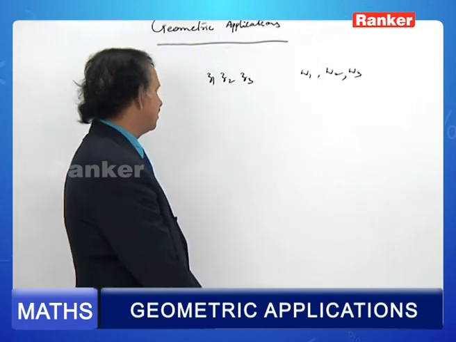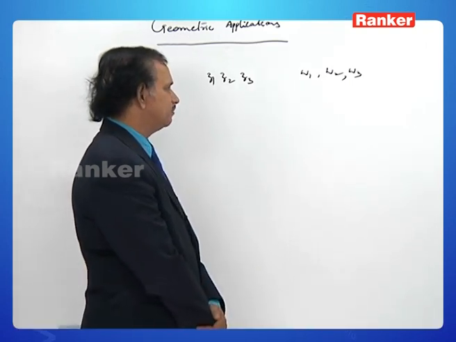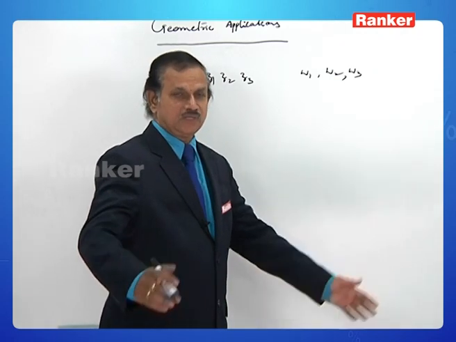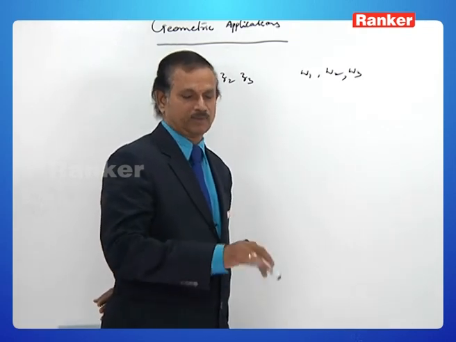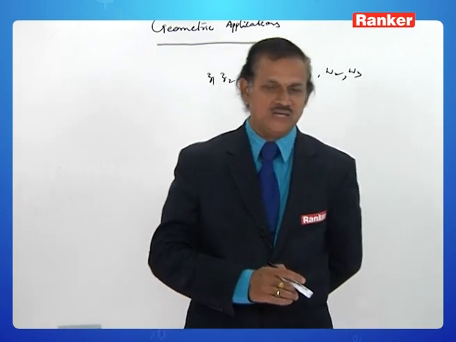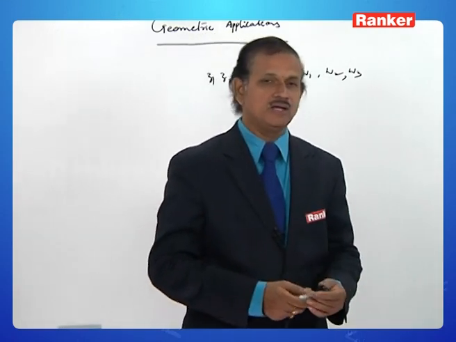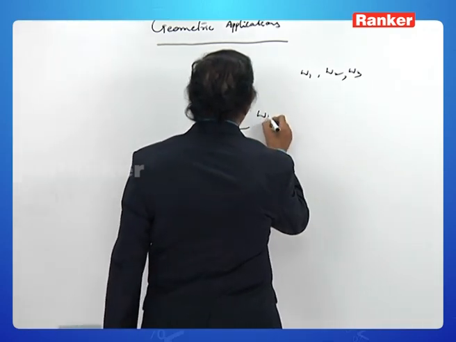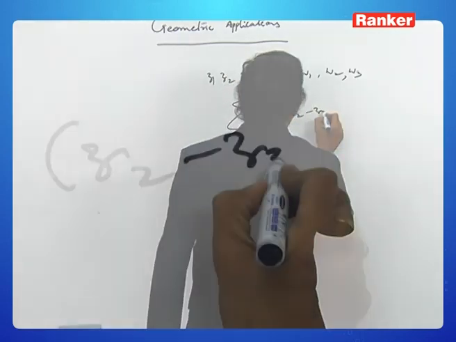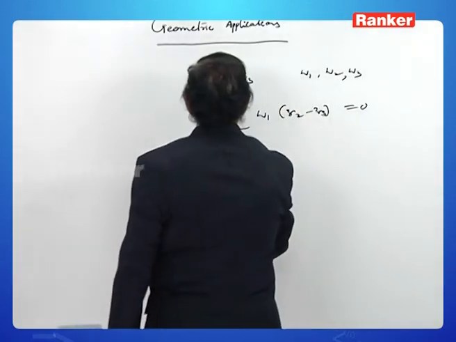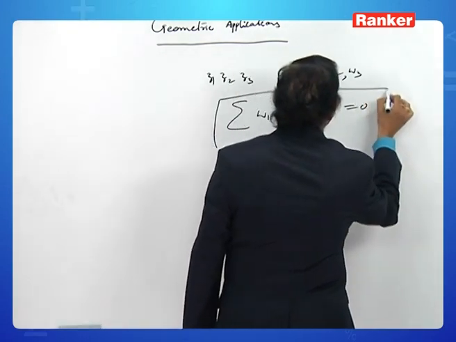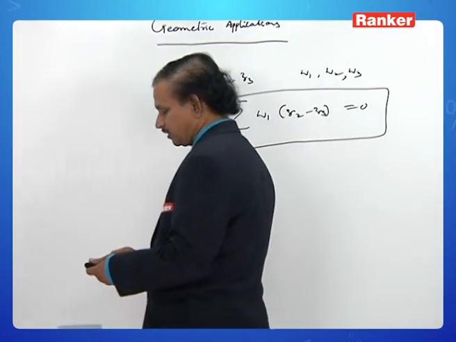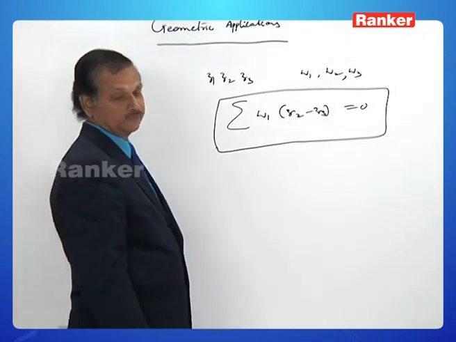That is, the amplitude of (Z2 minus Z1) by (Z3 minus Z1) is equal to the amplitude of (W2 minus W1) by (W3 minus W1), like that. By making use of the proportionality between the moduli and the equality of amplitudes, you can arrive at a beautiful condition: sigma W1 (Z2 minus Z3) is equal to 0. It is the famous condition of similarity between two triangles with vertices W1, W2, W3 and Z1, Z2, Z3.